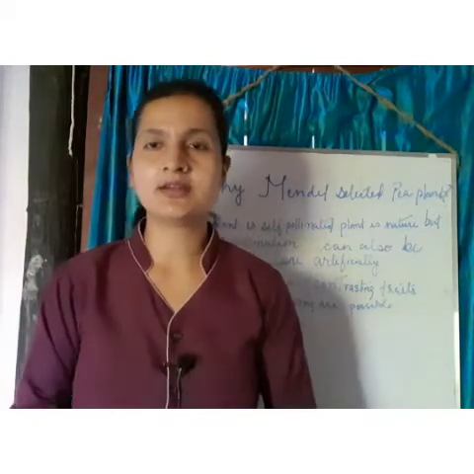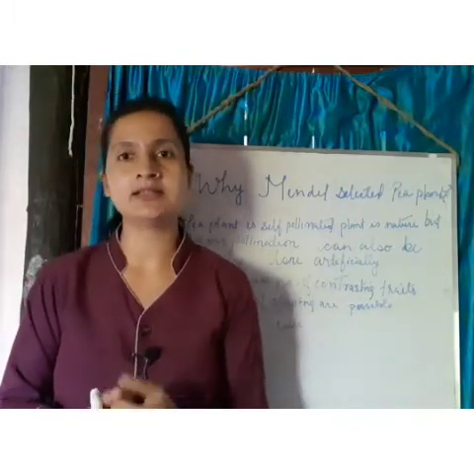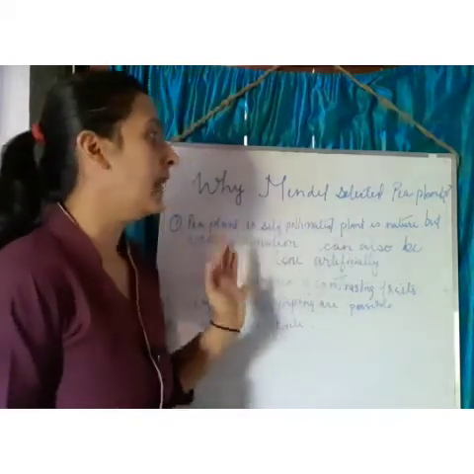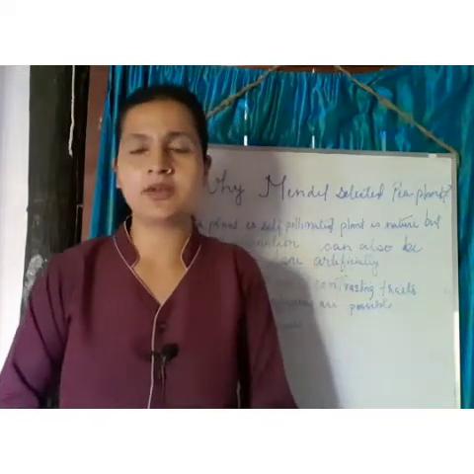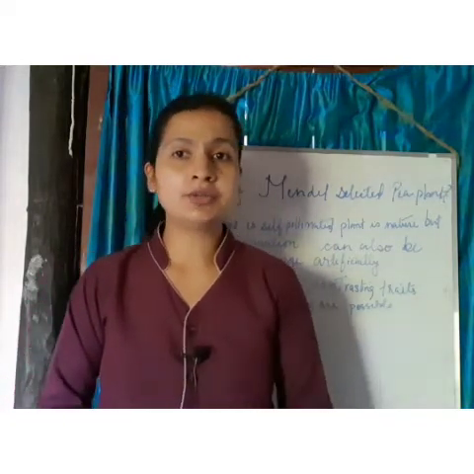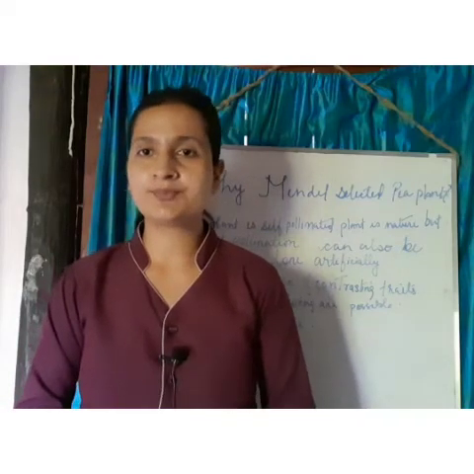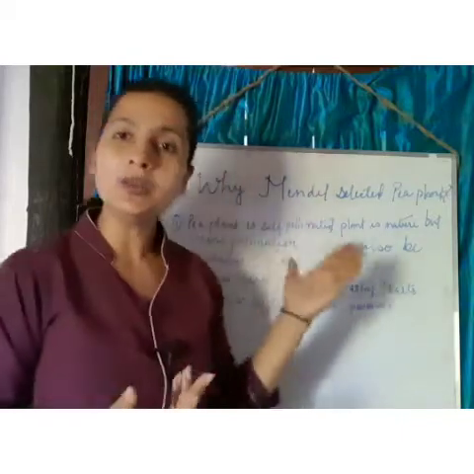So before we start, we should know why Mendel has chosen only the pea plant, why not other plants? There were so many plants on which he could have carried out his experiment, but what made him choose only the pea plant?